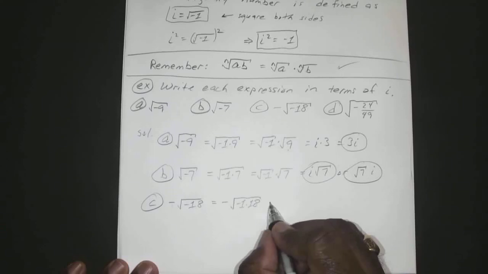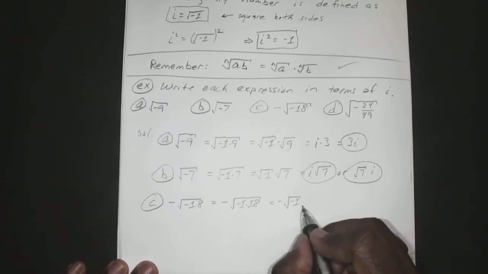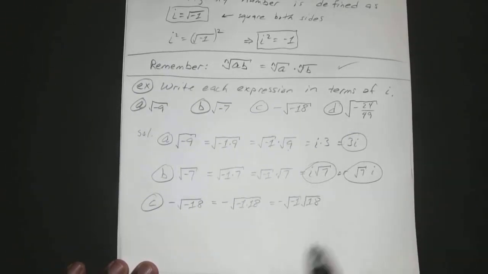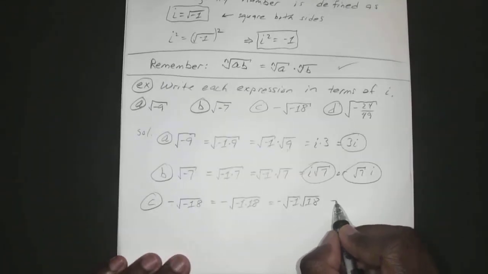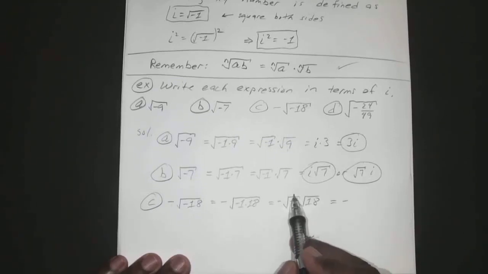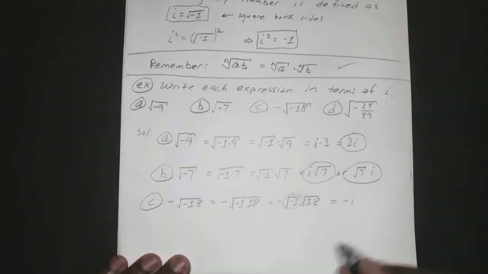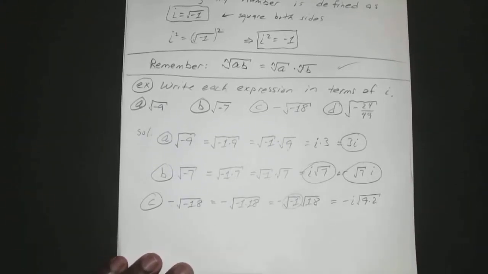If we separate that, it's still negative the square root of -1 times the square root of 18. And remember that 18, you can make that 9 times 2 because you have a perfect square. So the square root of -1 can become i, and you have negative i times the square root of 9 times 2.